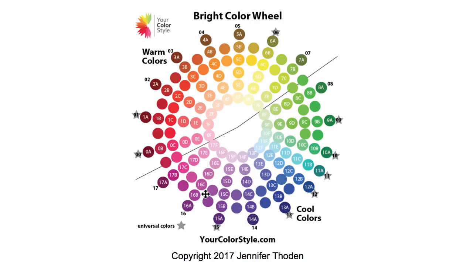What it means is that if you have cool undertones, you want to avoid the colors that you might see here, 2 through 5, the warm golden colors and tones. Those are the colors you actually want to avoid, because those are the colors that are going to make you look older, tired, sick, something like that.